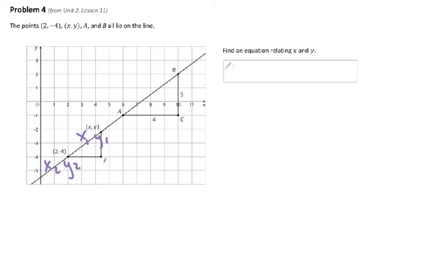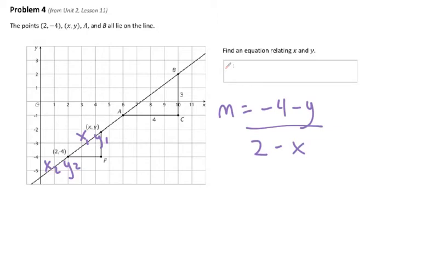And then the m equals slope, and it's negative 4 minus y over 2 minus x. Because they gave us unknowns for the other point. So that's as far as we can get with an equation. We don't know what the answer is.